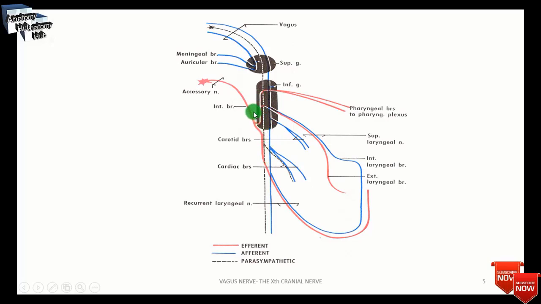So here you can see the vagus nerve has both afferent fibers and efferent fibers and secretomotor fibers. Here you will find the superior ganglion, or the jugular ganglion, and here the inferior ganglion, or nodose ganglion.